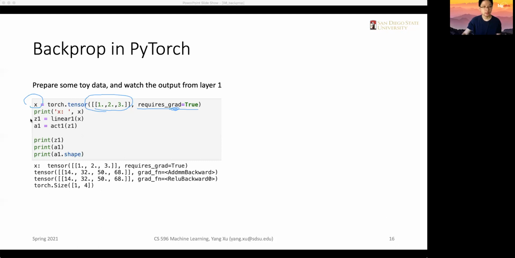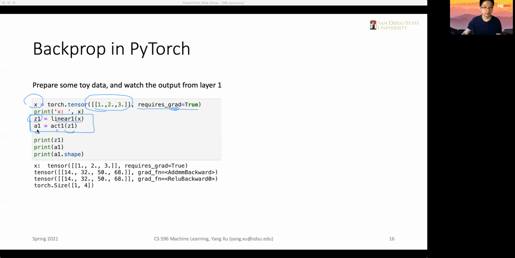All right, so these 2 lines of code are the forward pass of the network. We feed in the data to linear 1, and we get something that's called Z1. That's the linear part. And then we feed Z1 to the first activation function, and then we get the activations for layer 1, which is A1.